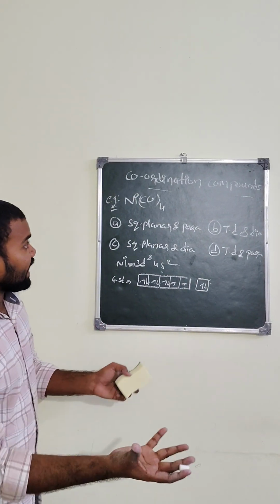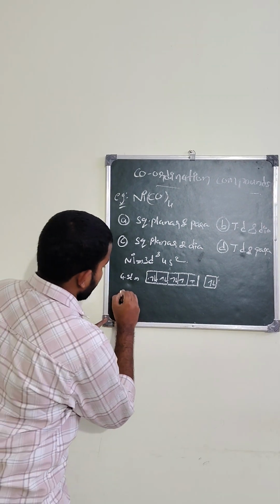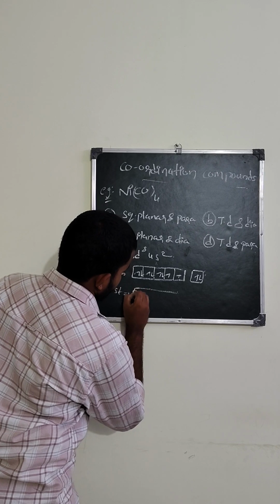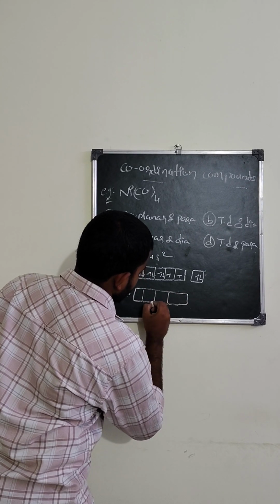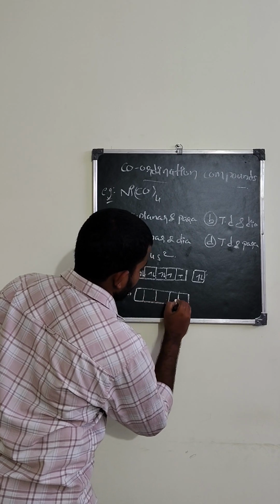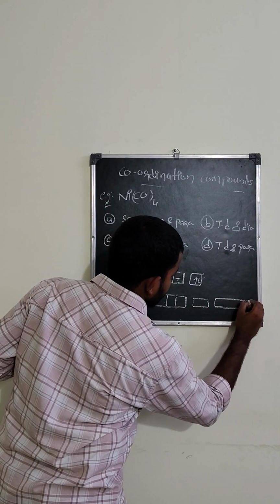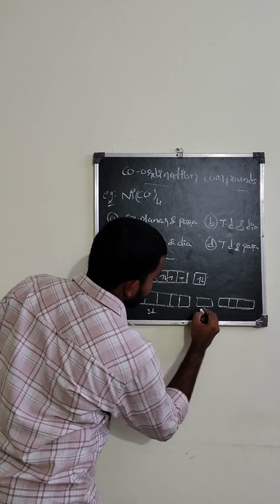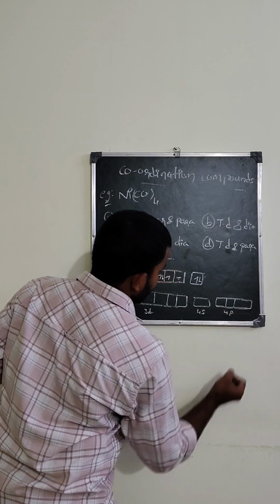When the ligand comes near to the metal, its excited configuration becomes: this is 3d orbitals, this is 4s orbital, and this is 4p orbital.